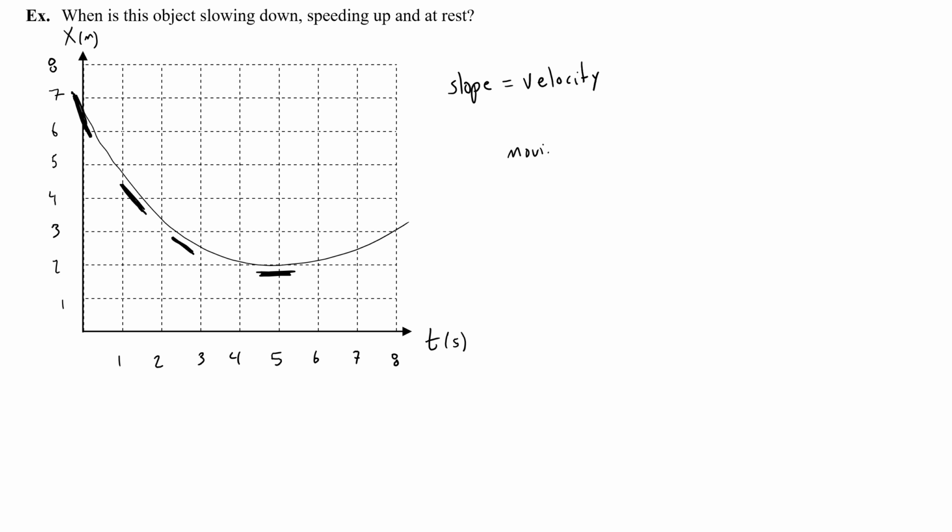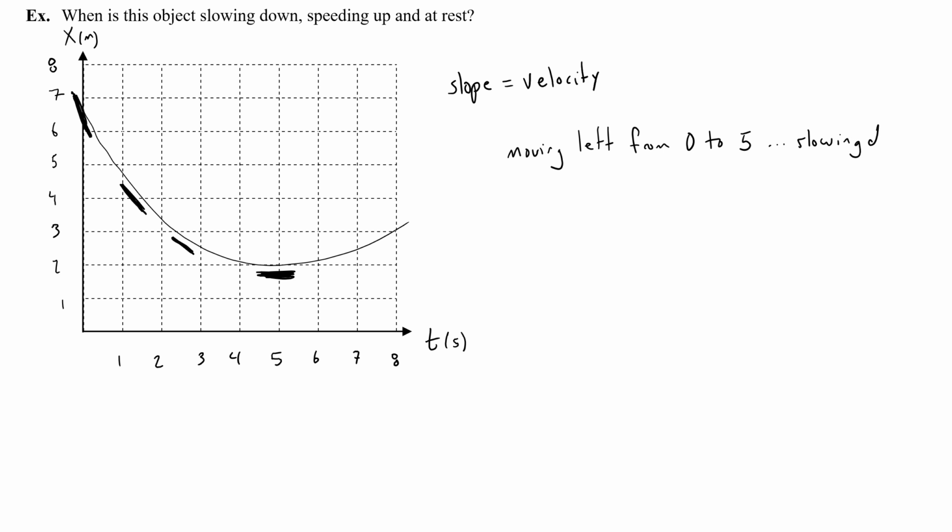So moving left from 0 to 5 seconds, because the slopes are negative, which means I have a negative velocity, so I'm moving left. And their steepness is decreasing, getting smaller and smaller, until eventually it's at 0. So 0 means it's stopped. So not only is it moving left from 0 to 5 seconds, it's also slowing down.